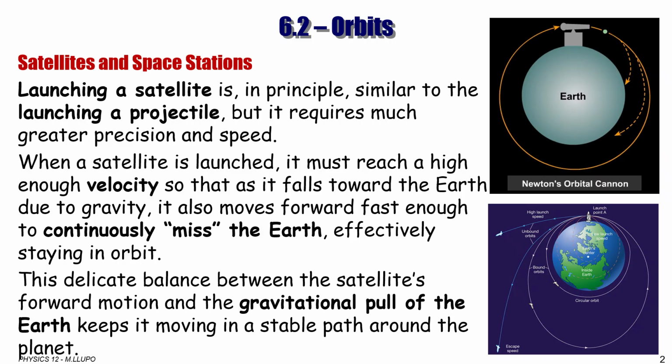This delicate balance between a satellite's forward motion and the gravitational pull of the Earth keeps it moving in a stable path around the Earth. So it keeps missing the Earth and continuing circular motion.